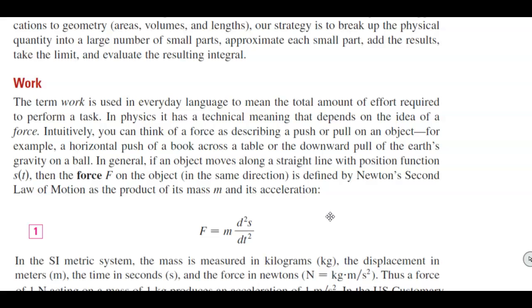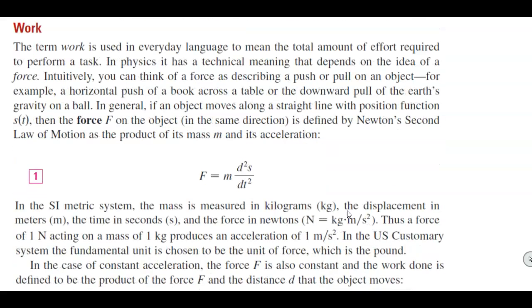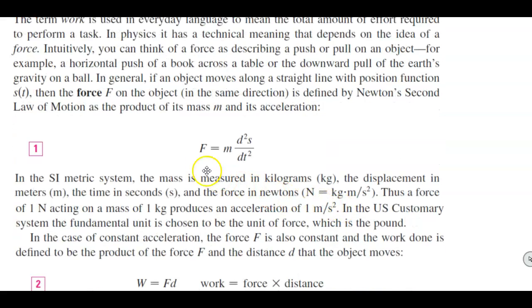In general, if an object moves along a straight line with position function s of t, the force F on the object in the same direction is defined by Newton's second law of motion as the product of its mass m and its acceleration. So there's definition number one: F is equal to m times the second derivative of s with respect to t.